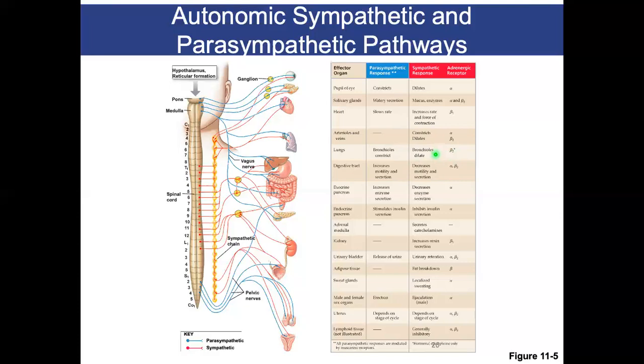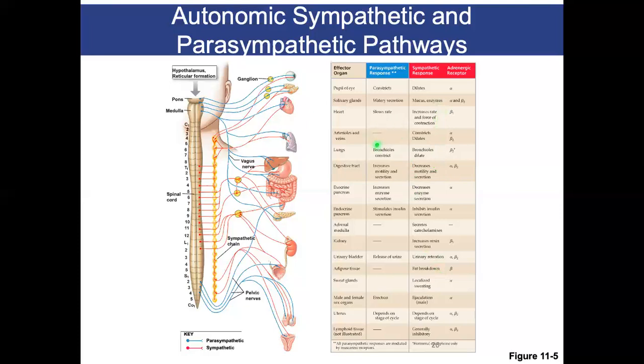Whereas if you look at the arterioles and veins, that epinephrine is going to constrict those arterioles so that blood pressure is going to go back up, and it's going to increase heart contractions and rate. So it's actually really interesting.